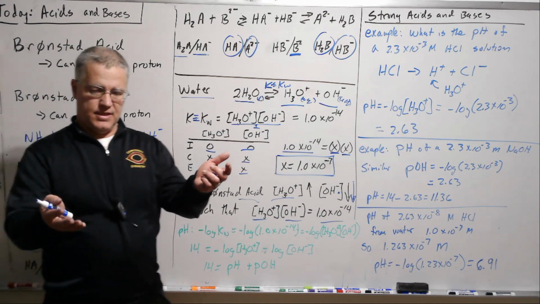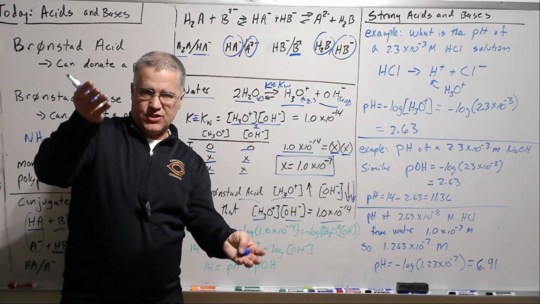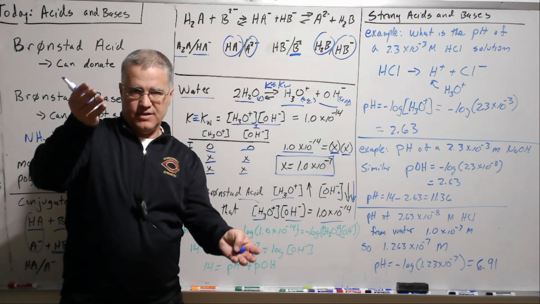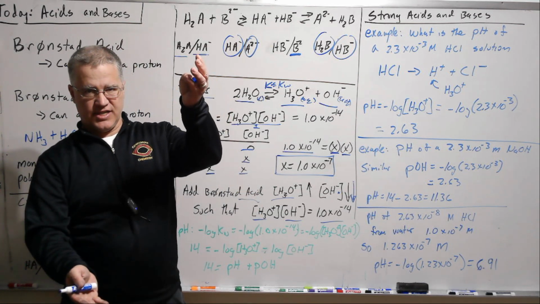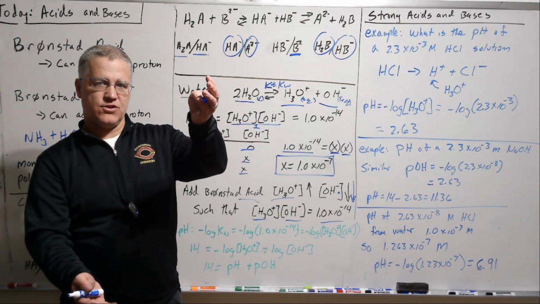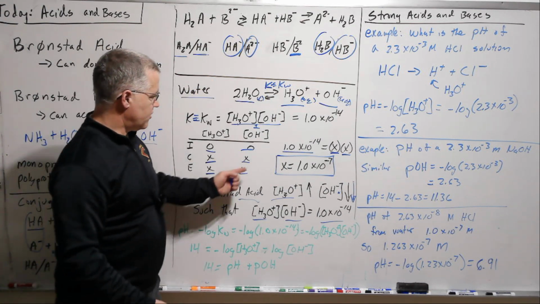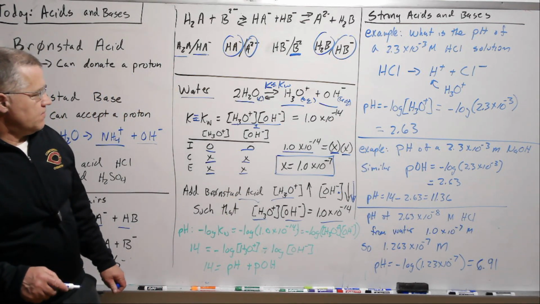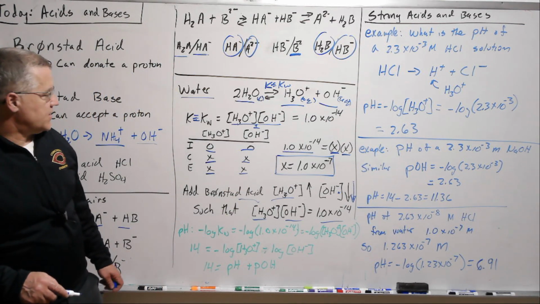So if we add acid, H plus goes up, OH minus goes down, and they're sort of stuck together. If we add base, then H plus goes down, OH minus goes up, and they're stuck together via this water dissociation constant, Kw.